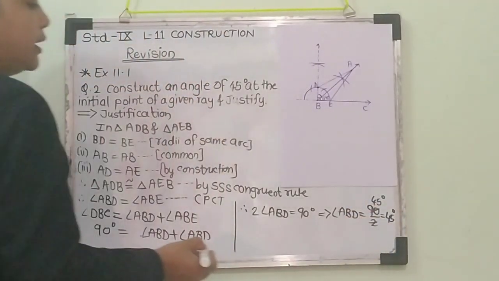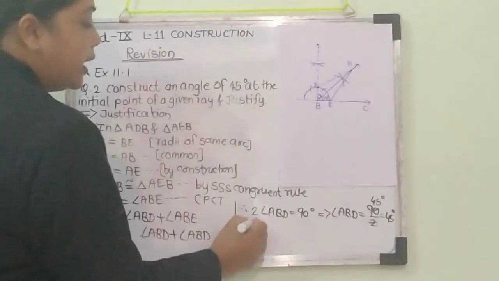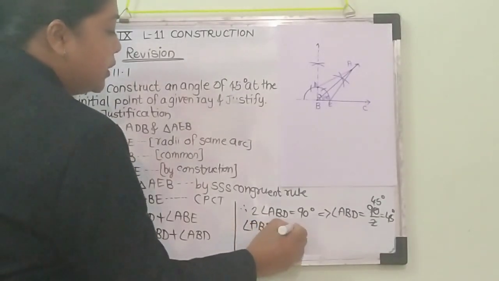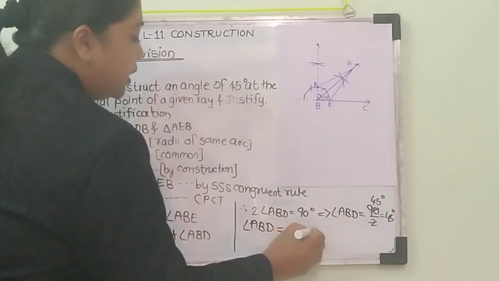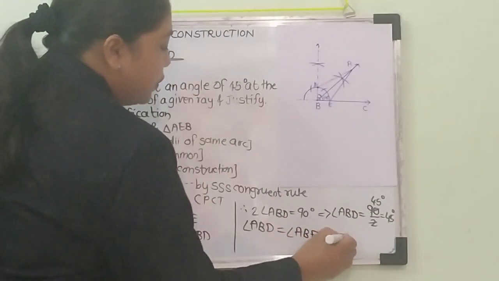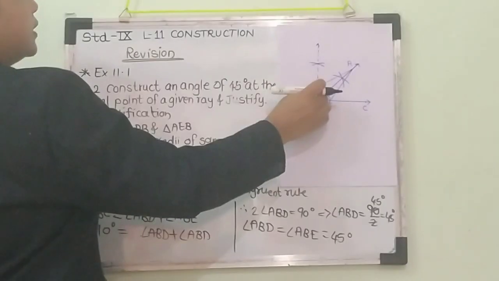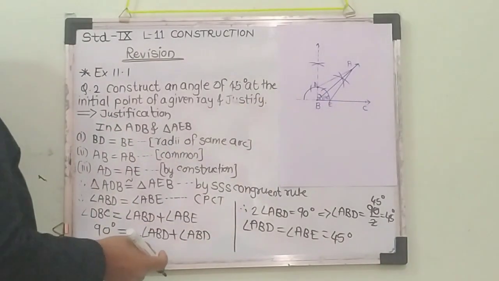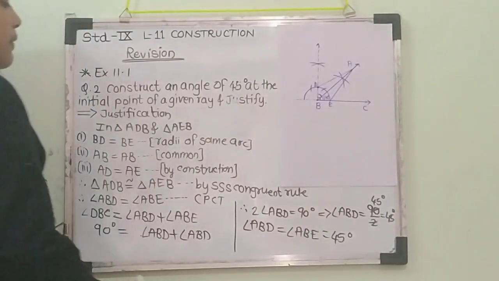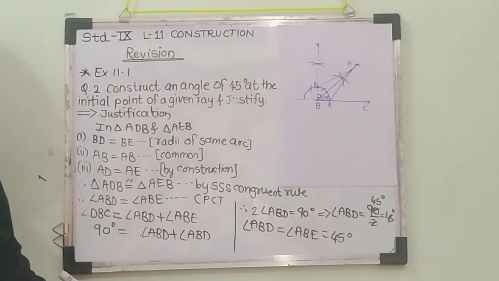So hence angle ABD is equal to angle ABE, 45 degrees, and hence the given angle bisector is of 45 degrees. In this way we can justify our construction. So write down this.